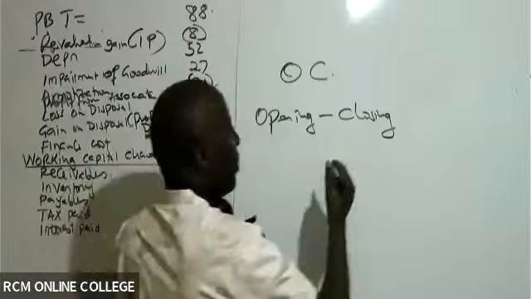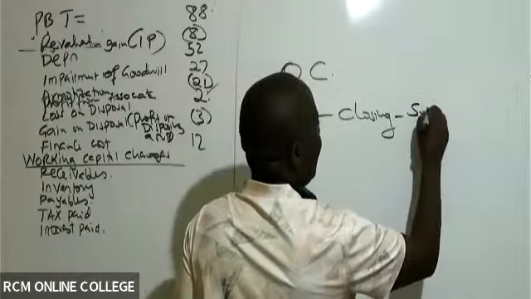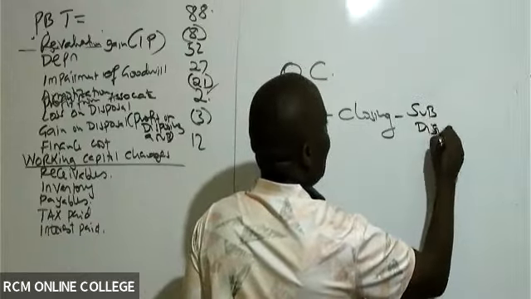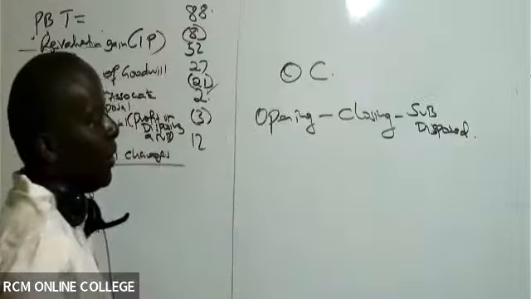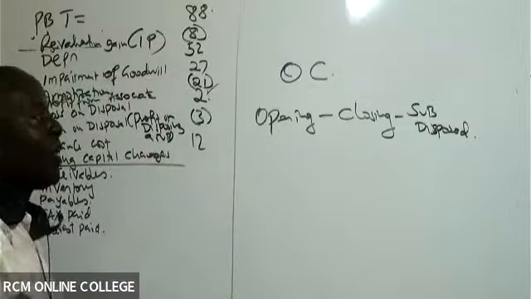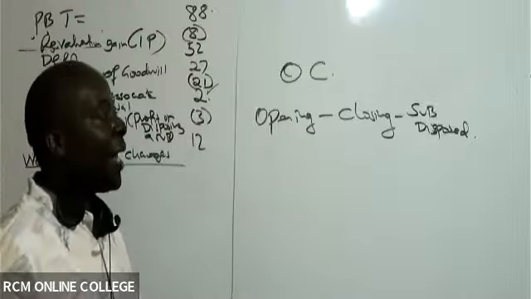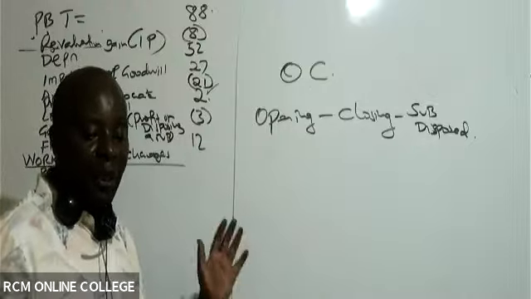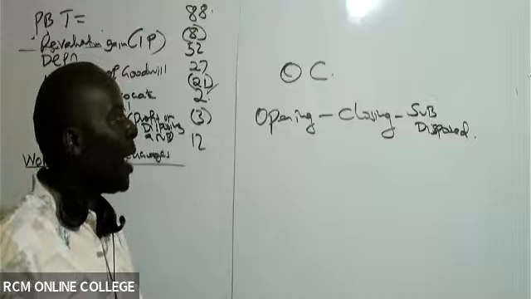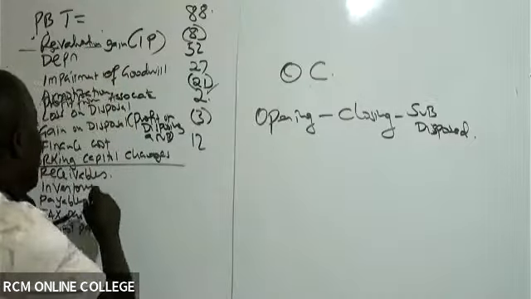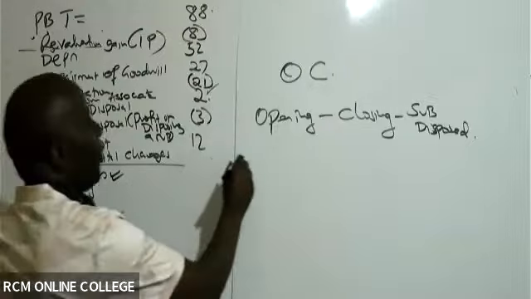Minus subsidiary disposed. If we acquired a new subsidiary, we would have said plus a subsidiary acquired. But this is a subsidiary that was disposed, so it must be leaving with some things. So we start with the first one here, which is receivables.